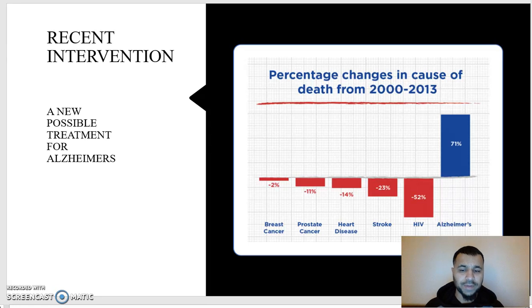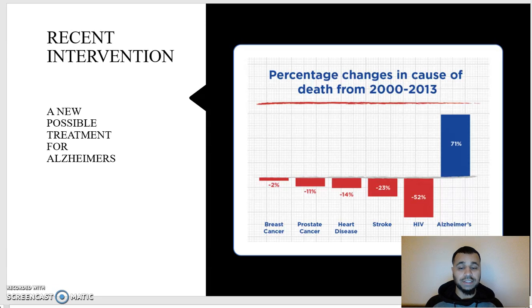Our bodies have beta amyloid, which is a protein, and we all have it. However, in people who have Alzheimer's disease, the normal process for getting beta amyloids out of the brain stops working.